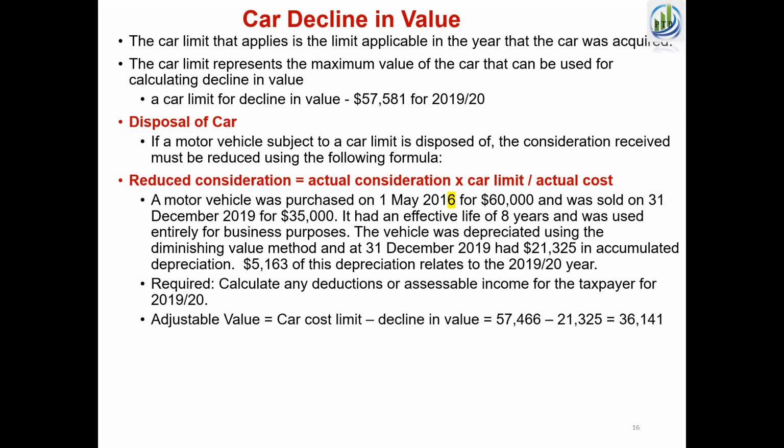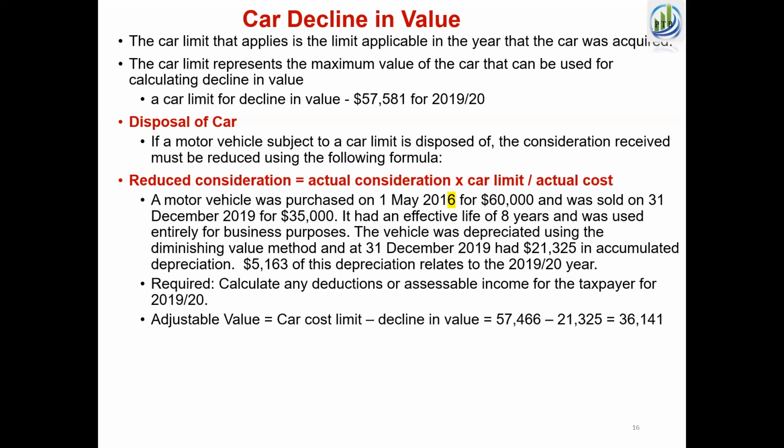I purposely did that for you to understand, to have a different car limit. After 2015-16, $57,581 up to 2019-20, and now they changed it to $58,136. So $57,466 in your car cost limit minus declining value. You already depreciated $21,325. So now you are at book value $36,141.